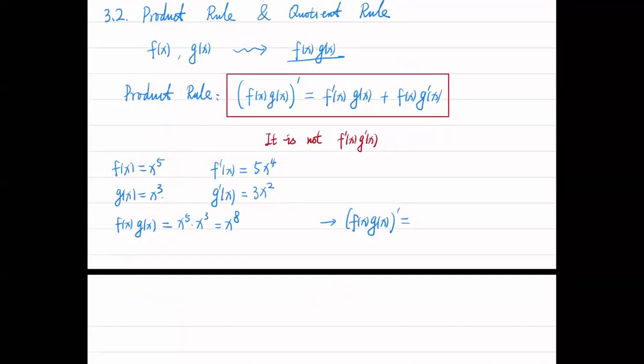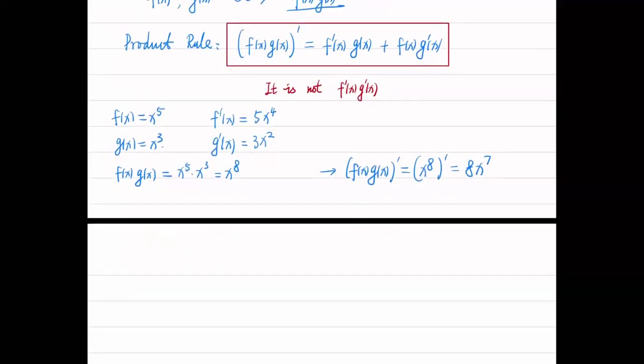So this will be x to the 8th. And now what's the derivative of the product? So first, what's the product? It's x to the 8th you just found. What's the derivative of this? 8x to the 7th. Now we are going to compare the summation of this and the product of derivatives. So comparison.